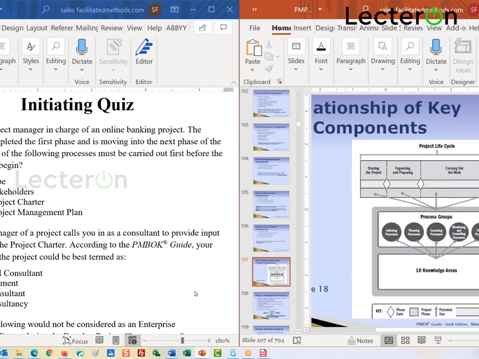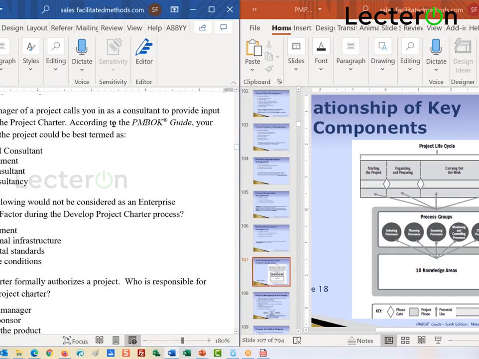Okay, number 2, the project manager calls you in as a consultant to provide input on developing the charter. According to the PMBOK guide, what would you basically be providing? Your contribution would be best termed as PMBOK guide terminology, which should tell you there's only one term there that we talked about in the PMBOK guide, expert judgment.